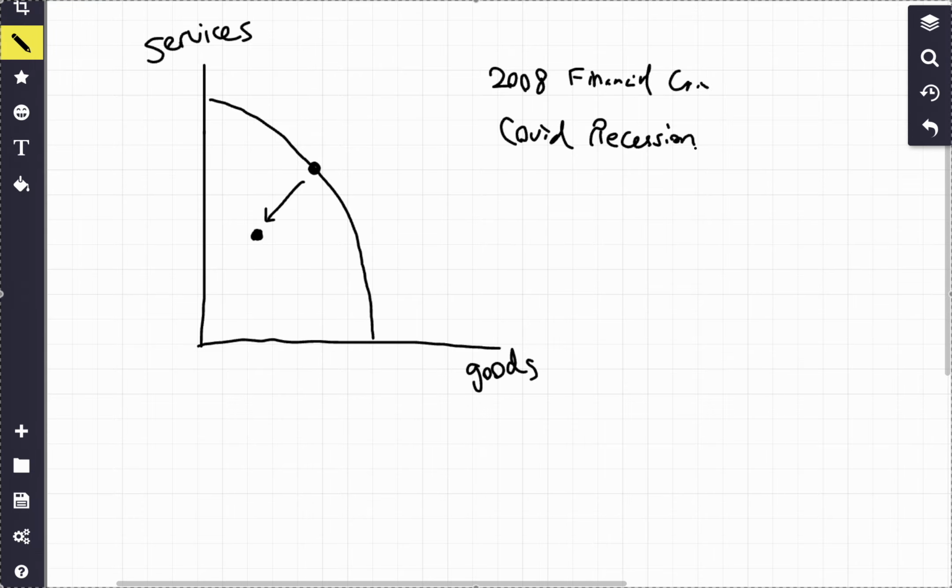Same as the COVID recession. It's not like production capability was destroyed or anything. Well, some people die. You can call that a destruction of human capital, arguably. However, what happened mainly in the COVID recession is that people stopped buying stuff. People stopped going out because the government encouraged you to stay home, right? Don't go out shopping, don't travel, things like that.